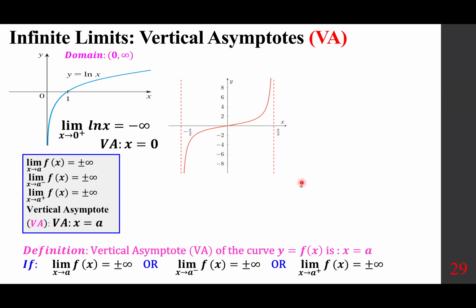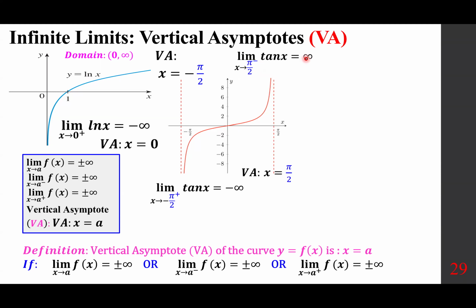If we go with a complete cycle from negative pi over 2 to pi over 2, the limit of tan x as x approaches negative pi over 2 from the right, like minus 89 degrees roughly, is negative infinity. That means x equals negative pi over 2 is the equation of a vertical asymptote, and so is this one: the limit of tan x as x approaches pi over 2 from the left, like 89 degrees, is infinity, which makes x equals pi over 2 another vertical asymptote.